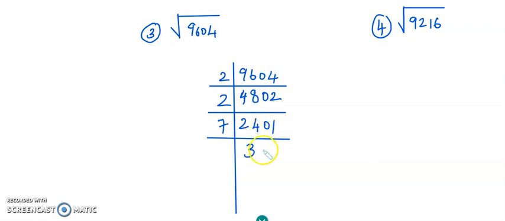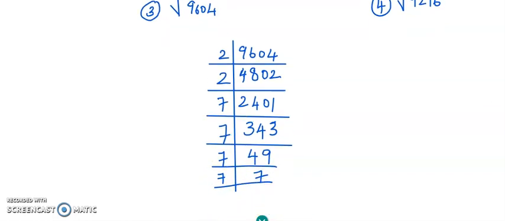So 30, so 4 7s are 28, then remains 2, and 2 and 1 is again 21. Then again 7, so 34, 34 in the table of 7 will be 28, so 4s are, right? So I get 63, 63 means 9 7s are 63, then 7.